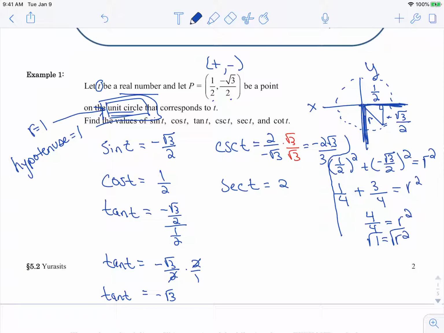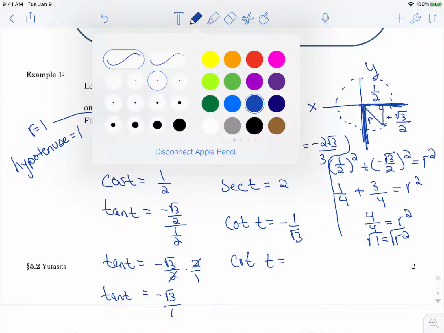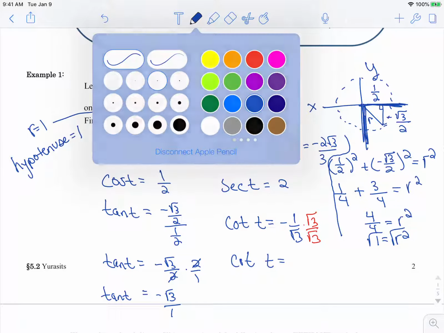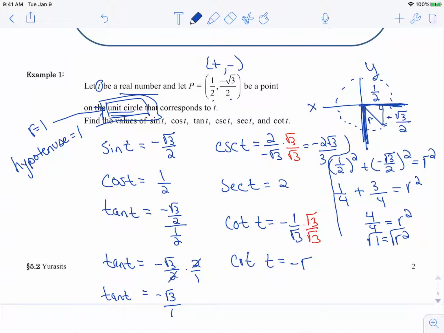My reciprocal for this is cotangent. The reciprocal for this, well, this is understood to be above a 1, so it would be negative 1 over root 3. But can't leave it like that, right? So I'm going to multiply top and bottom by root 3. You do that because it's a 1 and you're not changing the problem, so you get negative root 3 over 3. Okay.